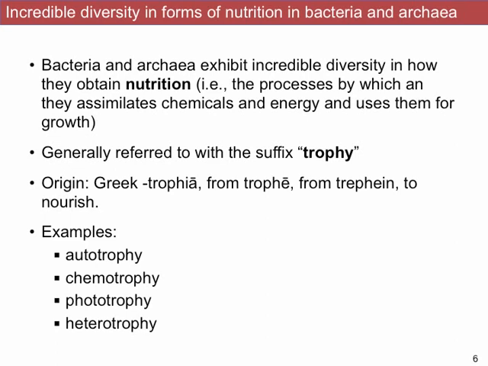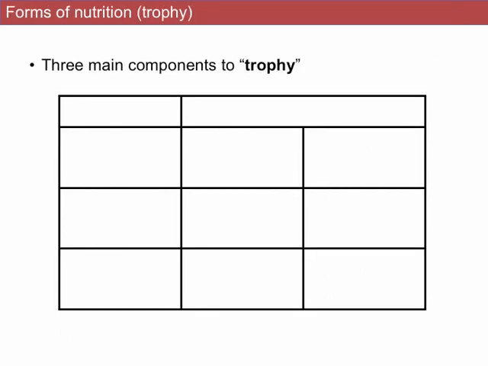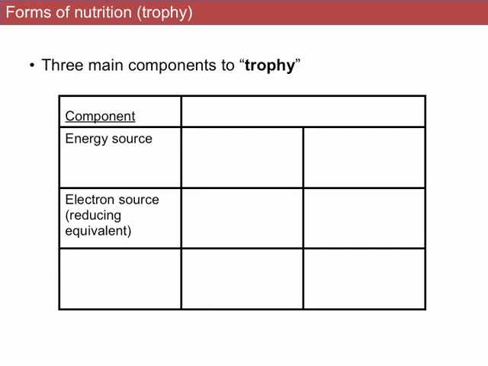So again, reminder, we were talking about these forms of how organisms acquire their nutrition, in terms of the trophy status of organisms, and I showed you these 3 ways to categorize the nutritional status of organisms. We can divide it up by their energy source, by their electron source, and by their carbon source.